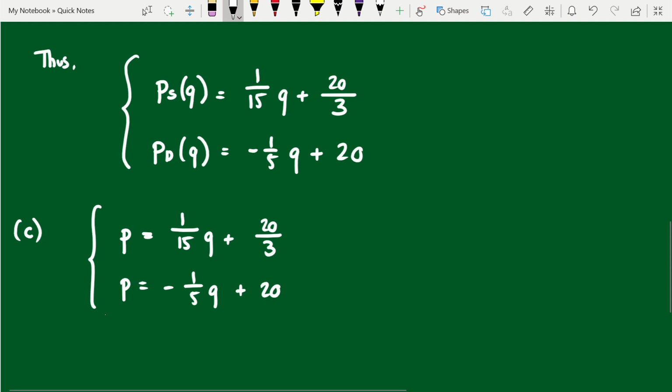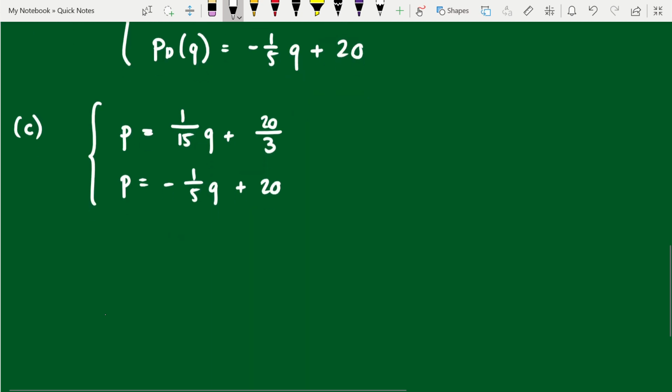Usually it's y equal to 1/15 x plus 20 upon 3, or y equal to negative 1/5 x plus 20. But in this question we have P and Q for supply and demand, so all we're doing is switching out y's for p's, and x's for q's.